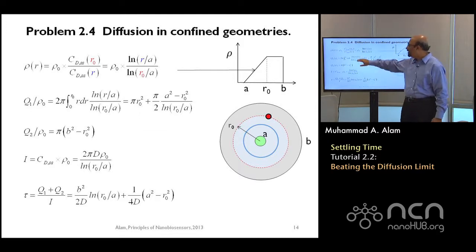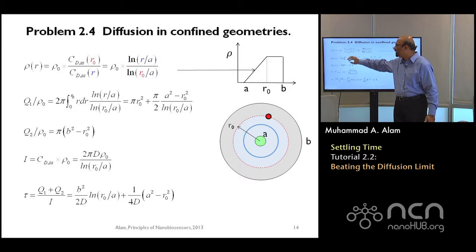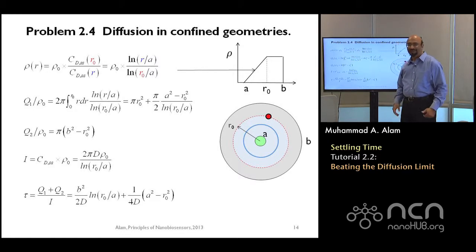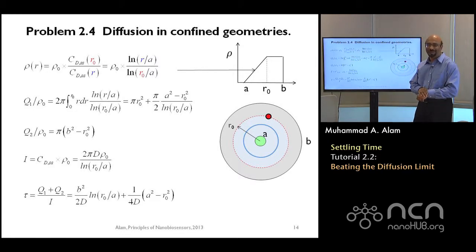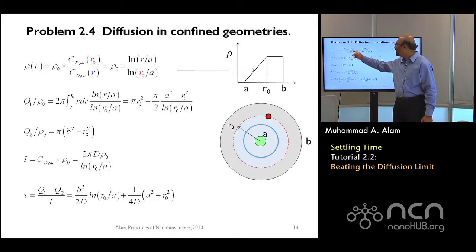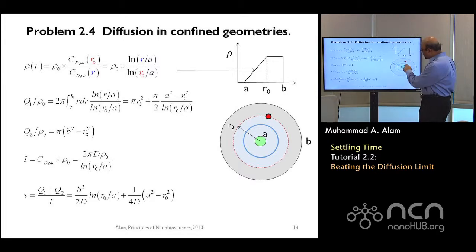The important point is that I wanted to emphasize this equation, rho of R, because if you have not worked with it before, you might find it a little complicated. The important point is to see that in analogy with the one-dimensional case, a very simple formula tells you what is the concentration at any distance R from the center, as the molecules are diffusing in and getting captured by the center surface.